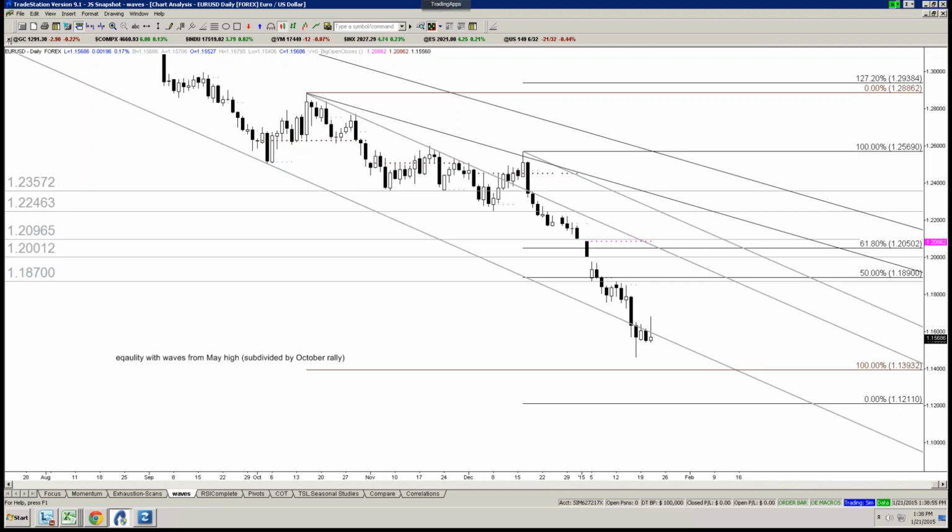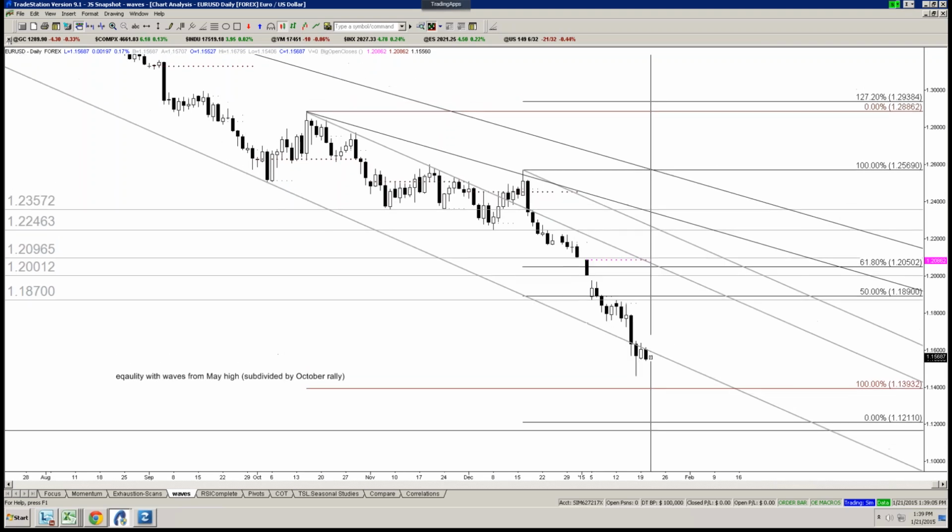Okay, 112.11 is the 61.8 of the entire history of the euro dollar range. Those are two levels to know for possible washout bottoms. Okay, and I do think that's what we're going to get.